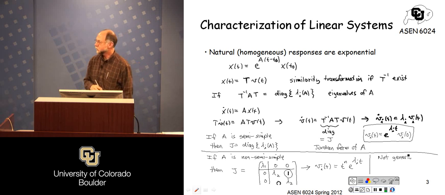In other words, these forms here, these Jordan forms that are non-diagonal, don't hold up under perturbations. So if I go into the A matrix and make little adjustments to the coefficients, generally, if it was non-semi-simple, I can make it semi-simple with arbitrarily small perturbations. Okay? So non-generic here means that it's not robust to perturbations.